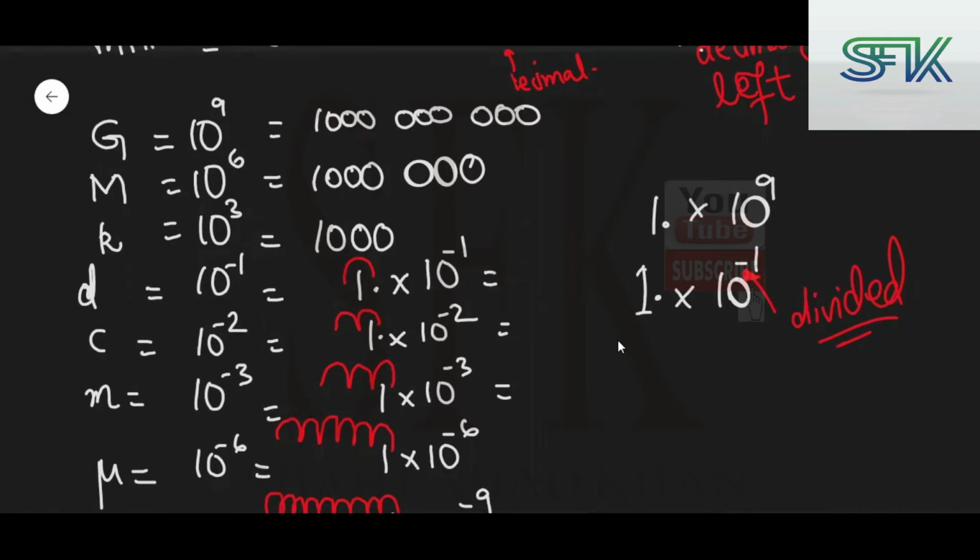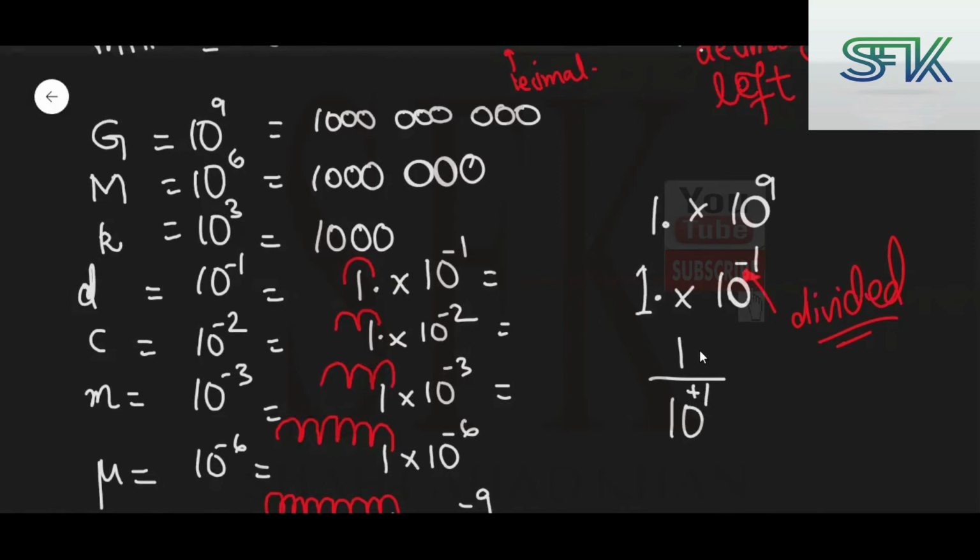So this can be written as 1 upon 10 raised to the power of 1. When you bring this 10 into the denominator, the power becomes positive, because the 10 is in the denominator.